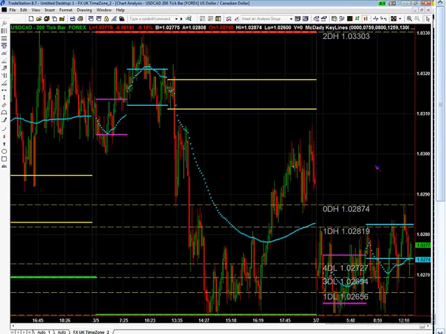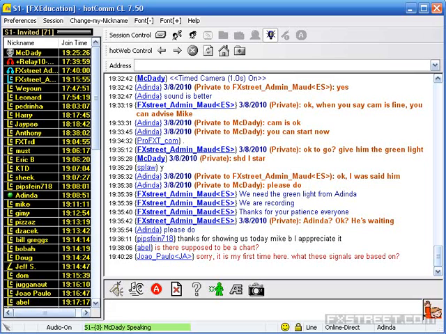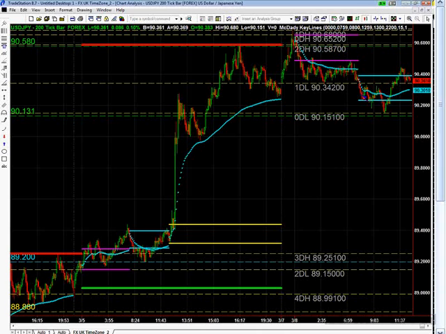The market basically has been moving in a sideways session. But what we have right now is the London session, and the market is kind of moving sideways.